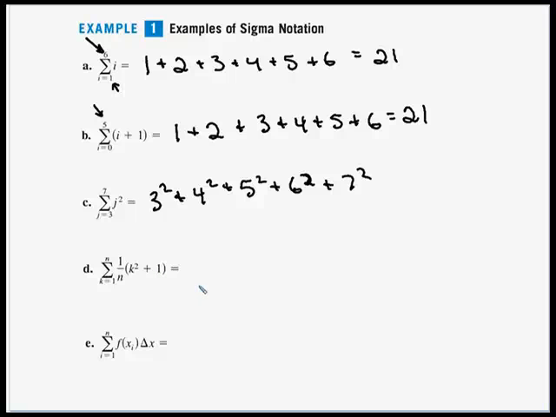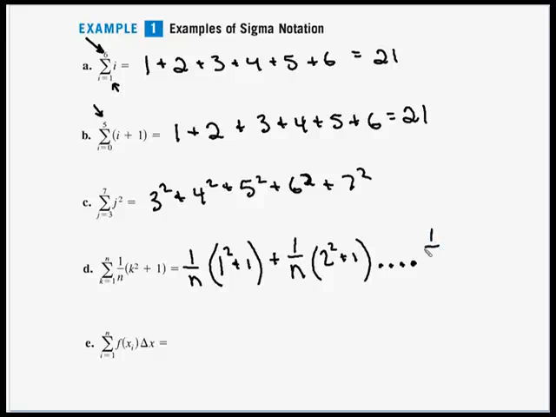Well, if we start at the first term, we're still going to have 1 over n, and then in the parentheses we'll have 1 squared plus 1, plus the next term would be 1 over n times, instead of 1 squared plus 1, now we're up to 2 squared plus 1. And we'd continue on in that pattern. And then our nth term, 1 over n, times whatever n is, n squared plus 1.